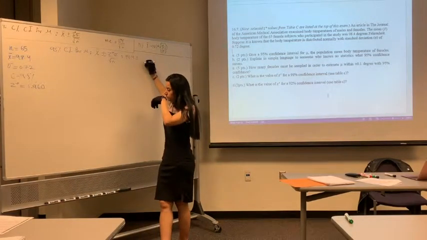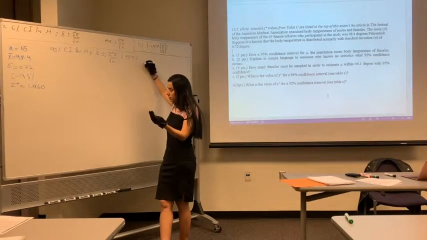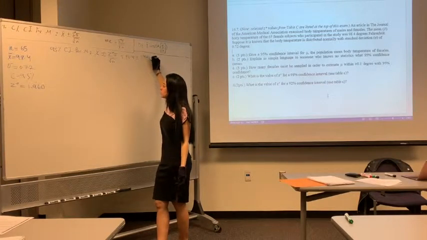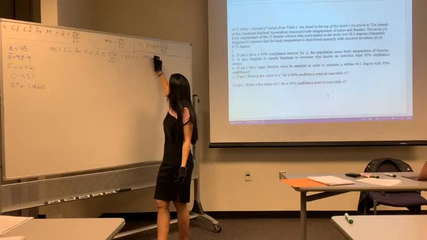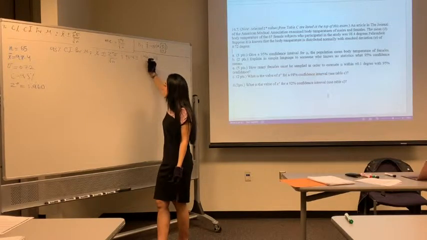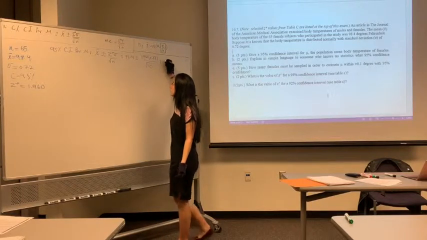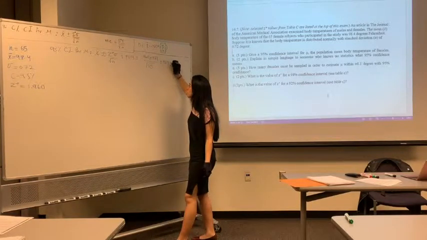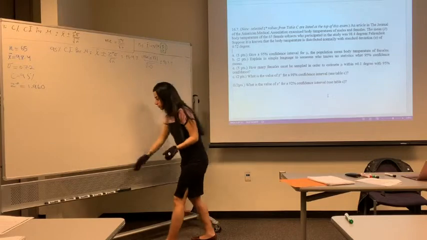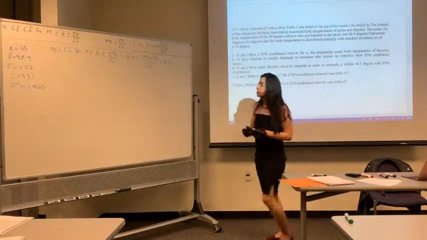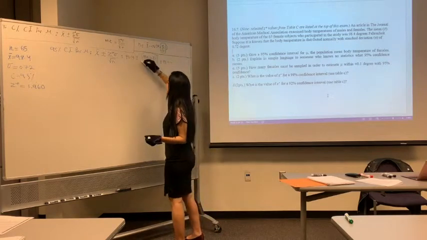So, yes, that's good. 1.960 multiplies 0.72 divided by the square root of 65. So what is the margin of error? This one is the margin of error, right?